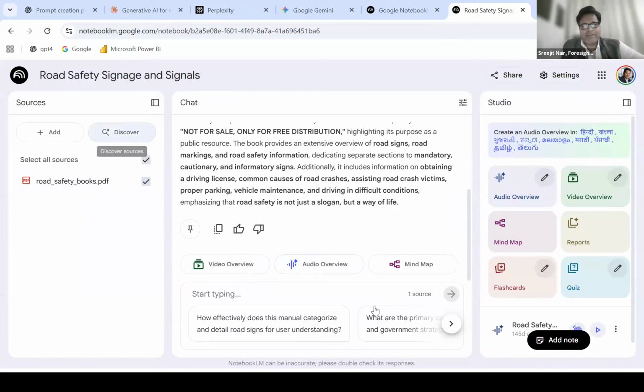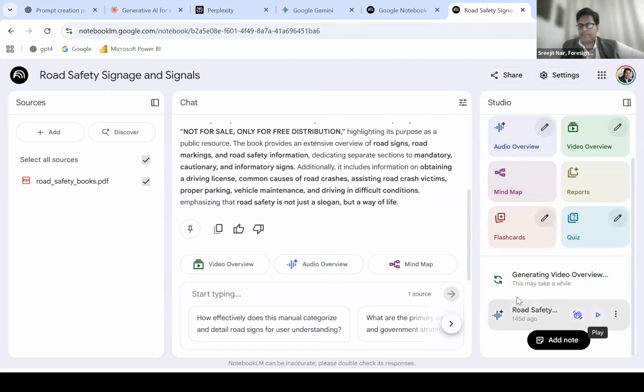I have downloaded this, and there is a video overview it can create. There is a mind map that it can create. I'll start with the video overview.